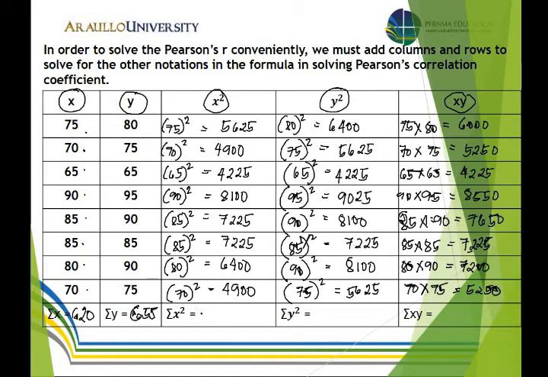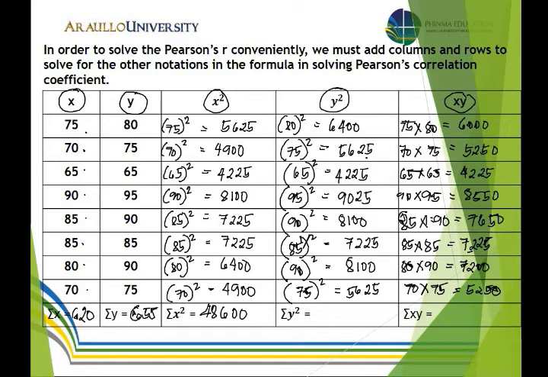And then for summation of x squared naman, we have 5,625 plus 4,900 plus 4,225 plus 8,100 plus 7,225 plus 7,225 plus 6,400, and then plus 4,900 is equal to 48,600.